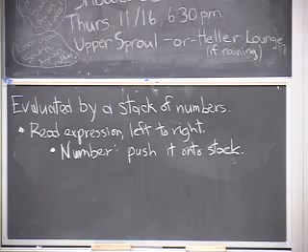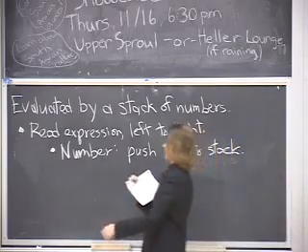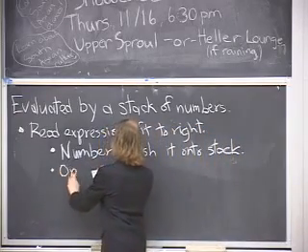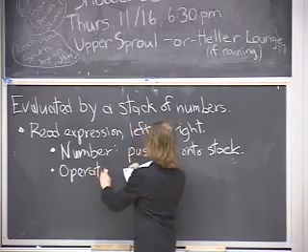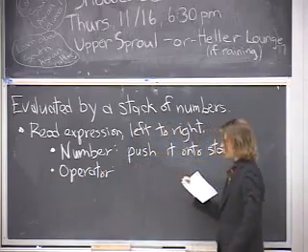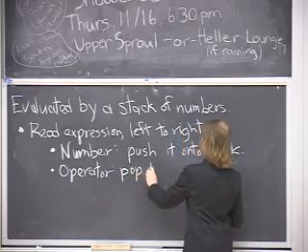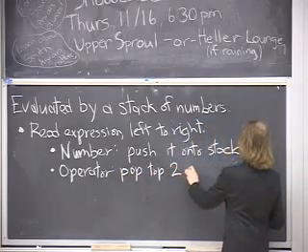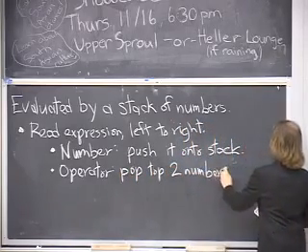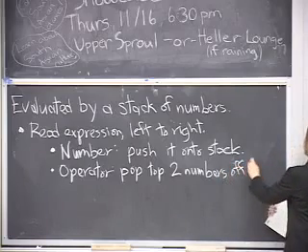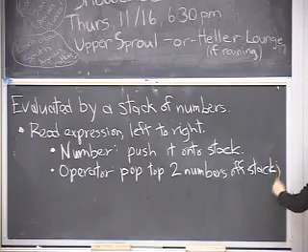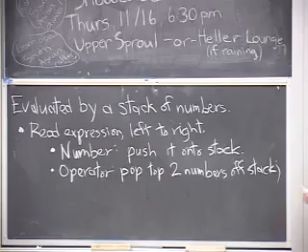And when we encounter an operator, that's where the interesting things occur. We've got several things to do. First of all, pop the top two numbers off the stack. Because those are the two numbers we're going to operate on.